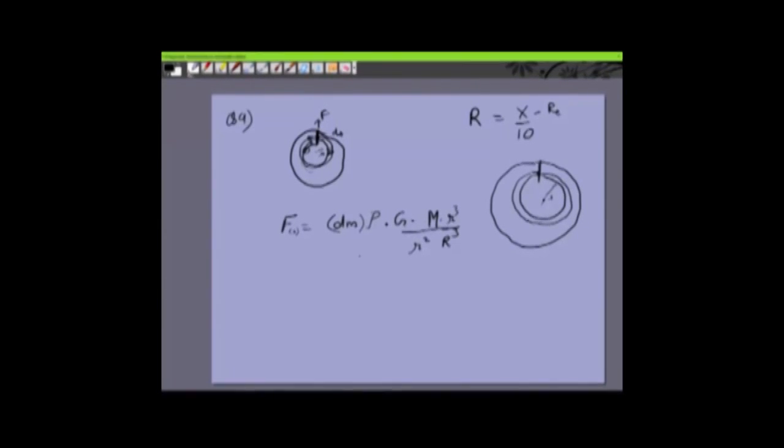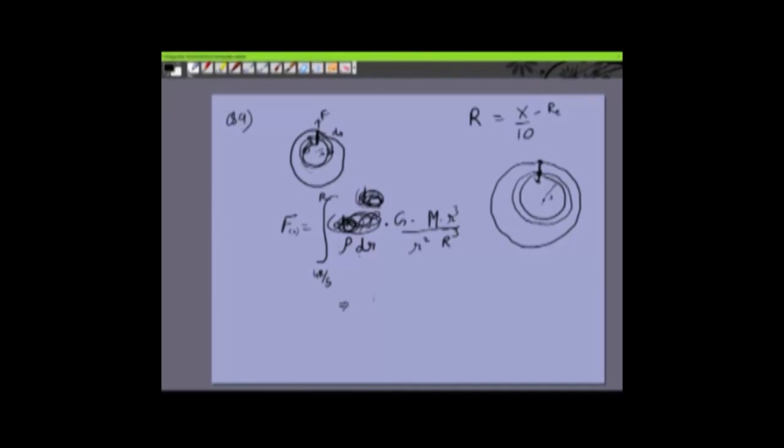Right, so this is the force, and we need to put in dm as well. dm we will replace by rho dr. Rho is the linear mass density, dr is the length, right? And we just integrate it, but the limit goes from 4R by 5 to R, from this point to this point. This will be equal to the total F.